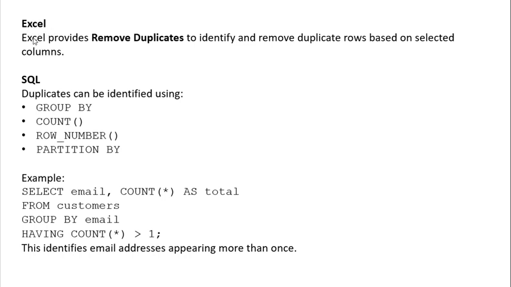Excel provides Remove Duplicates to identify and remove duplicate rows based on the selected columns. In SQL, duplicates can be identified using GROUP BY with the COUNT function, and the ROW_NUMBER function with PARTITION BY.